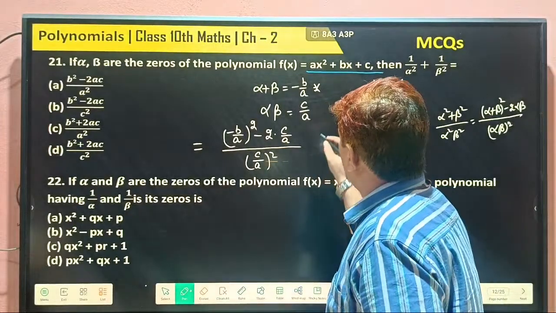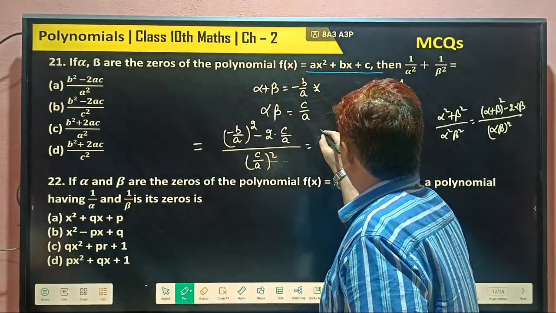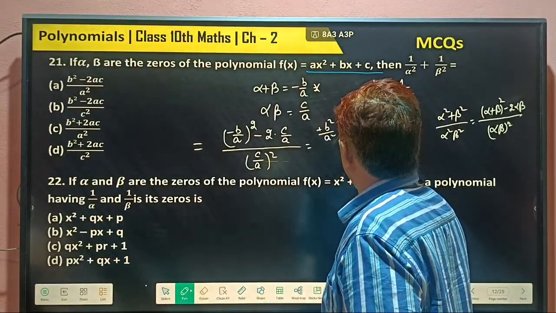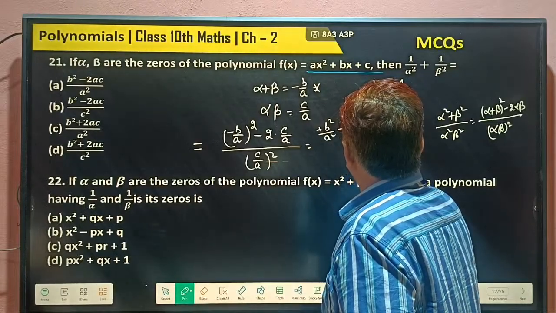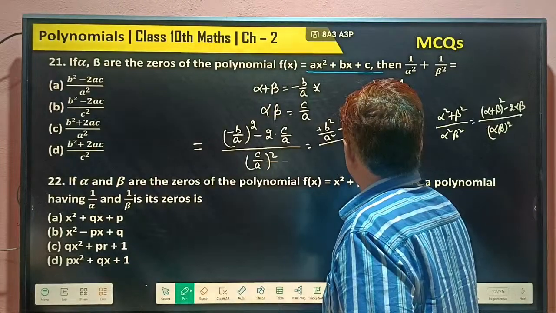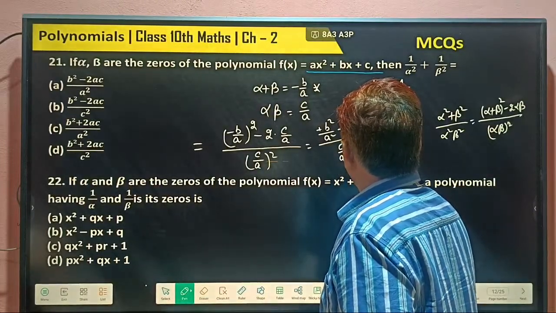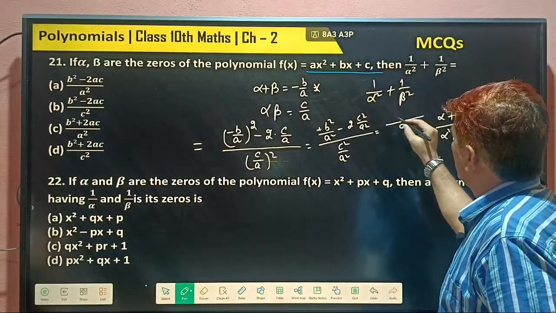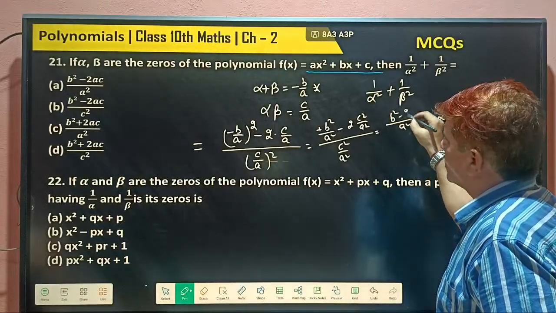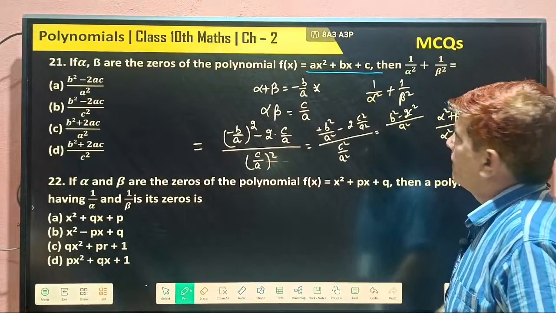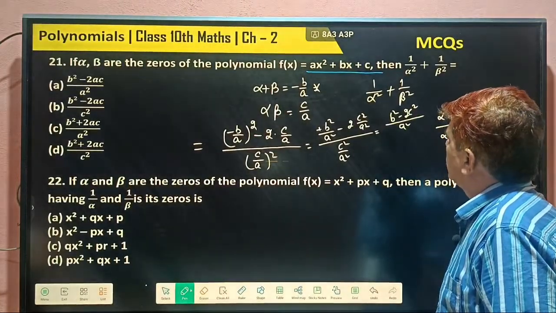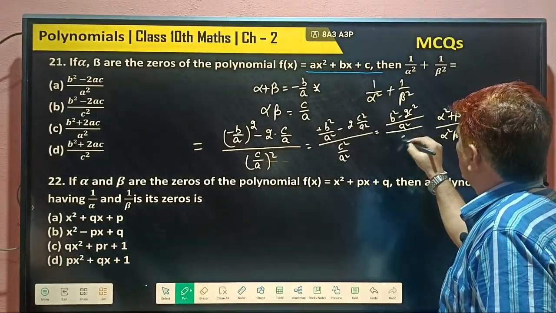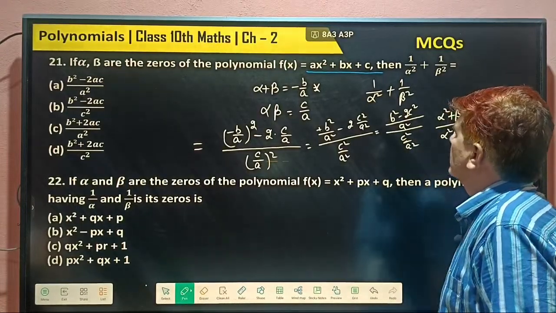Now this becomes b square by a square minus 2 c square by a square, and here also c square by a square. When we solve this, what's your LCM? A square, and here b square minus 2 c square, by c square by a square.